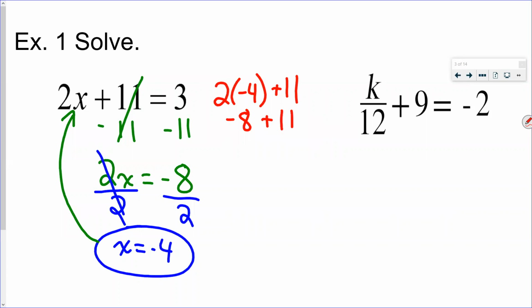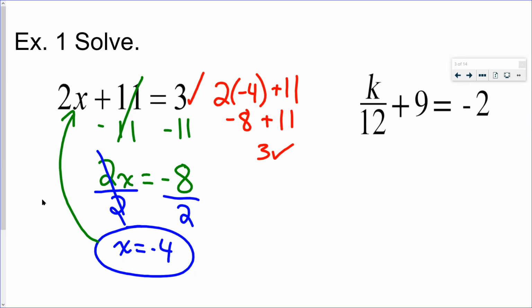Negative 8 plus 11 is going to be 3. I got 3. I was supposed to end up with 3. Boom. That's how I can check to see if my answer is correct. Remember, you can always check your answer by simply plugging the number back into the equation in place of the variable.